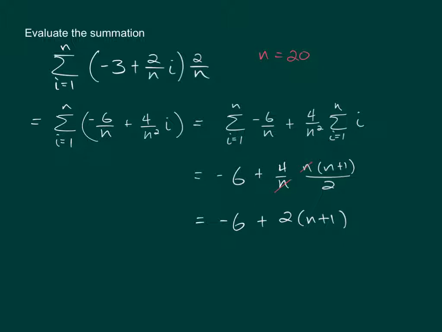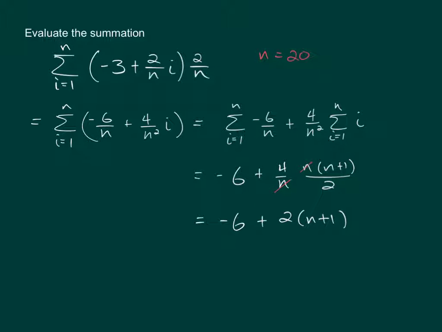So instead of going through and finding this sum here for 20 and just sticking 20 in here and getting back a specific answer at the end, what you can do is leave it as n. Now you can just take this 20 and substitute it down here for n.